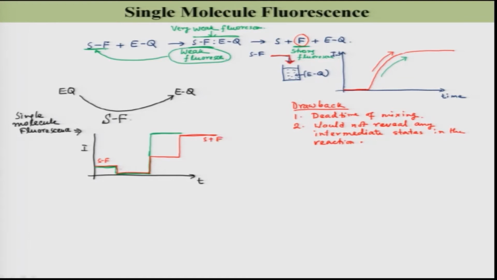In between, that SF must have interacted with EQ, that is why the fluorescence intensity is less, and in this intermediate one, the structure must be SF with a slightly different type of interaction with EQ. That means you will be able to see this intermediate state very easily if you monitor this kind of single molecule level fluorescence.